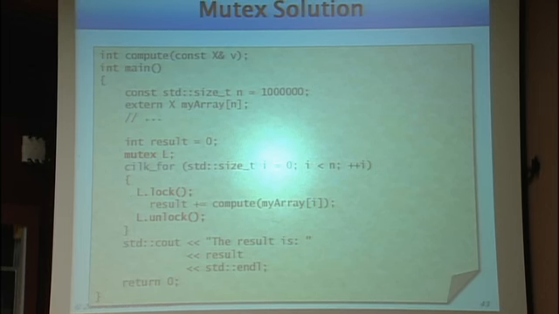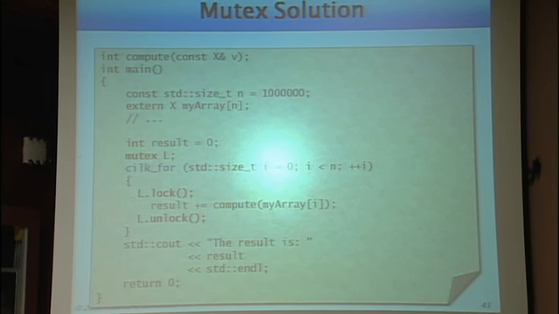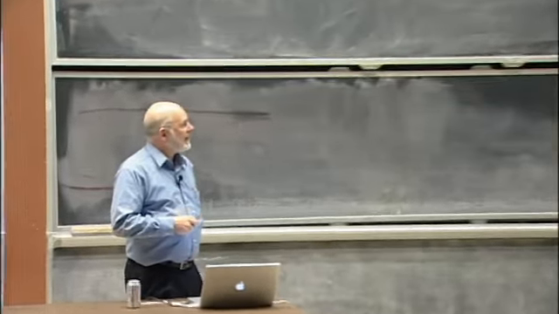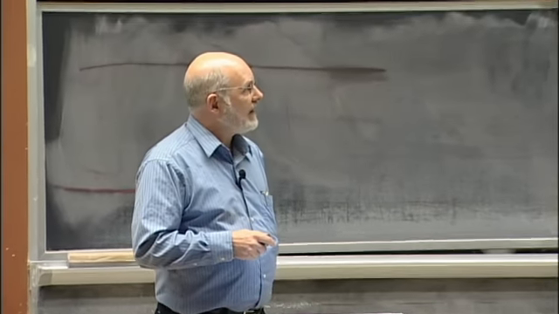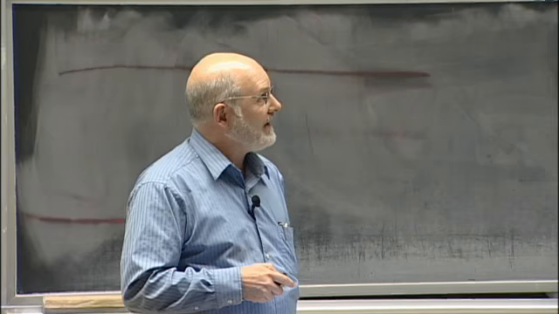Why is that? Still serialized. Yeah, it's serialized. Every update to result here has to go on serially. There are n accesses. They're all going to go one at a time. So my running time, instead of being n over log n, is going to be something like order n.